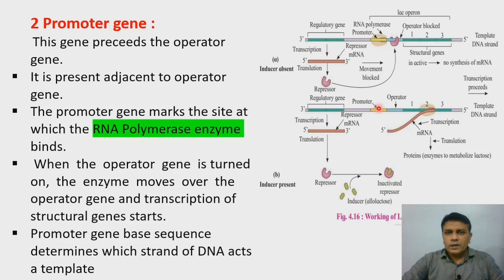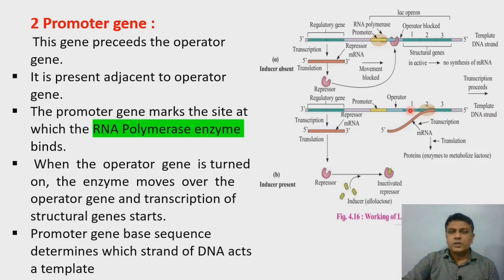As it binds to the promoter, the operator site will be turned on, and then this RNA polymerase will move to the operator site, and then to the structural genes, and it will start the process of transcription. Here we can see the structural genes Z, Y and A, and on these structural genes a new messenger RNA is produced by transcription.